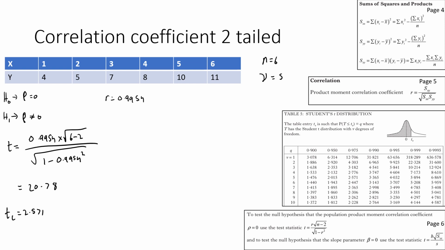So in our conclusion, we can say that 20.78 is greater than the critical t-value.